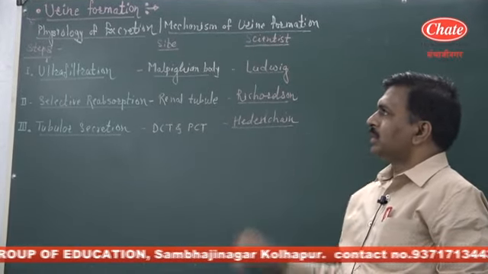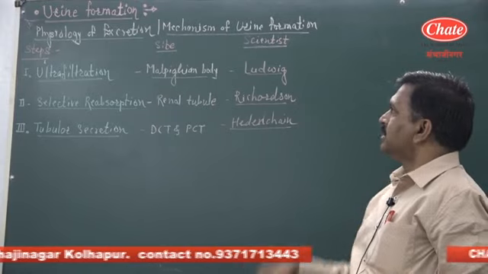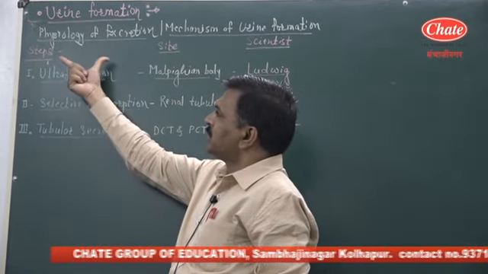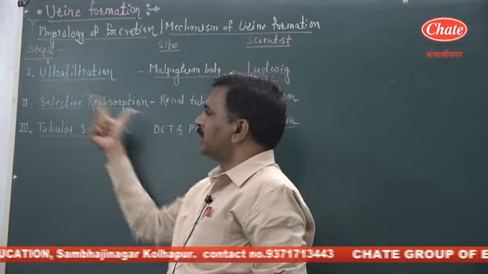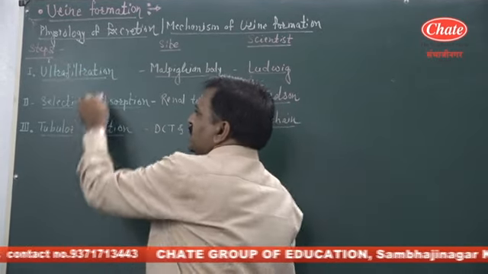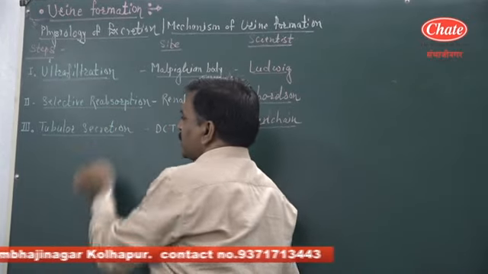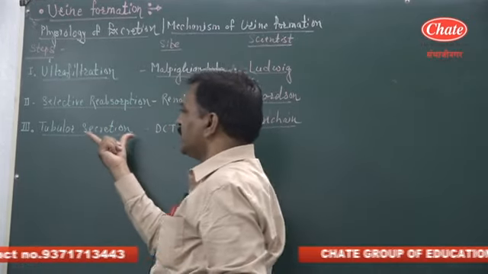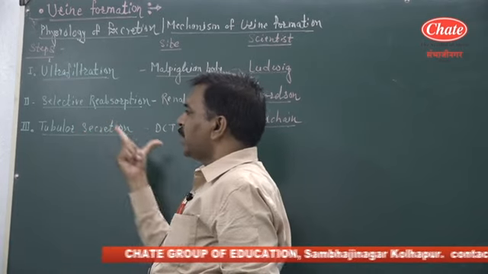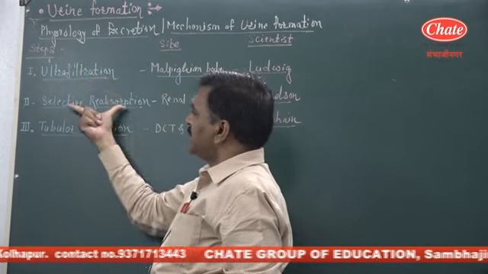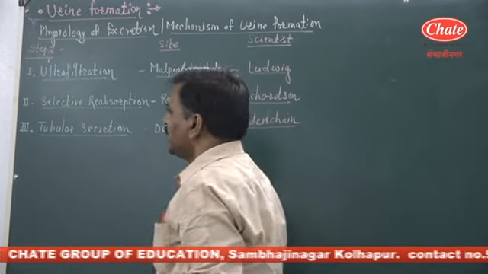Generally, this mechanism takes place in three steps. The first is termed ultrafiltration, the second is selective reabsorption, and the third process is tubular secretion, also termed augmentation. So these are the three steps: ultrafiltration, selective reabsorption, and tubular secretion.